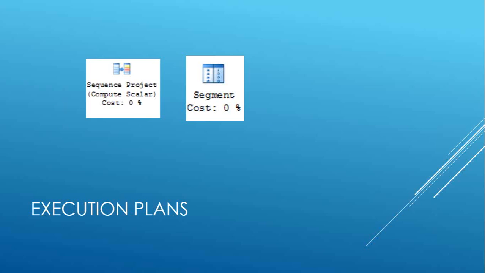And also a Segment operator. A Segment operator you'll see whenever there's partitioning. So if in my OVER clause I have PARTITION BY, then we'll see this Segment operator. And basically it's doing what it says. It's segmenting this data into the partitions so this calculation can be made.